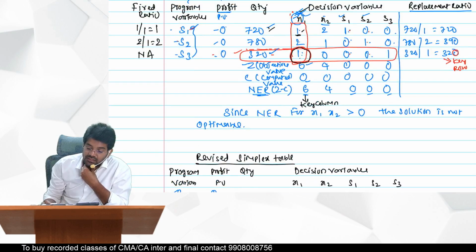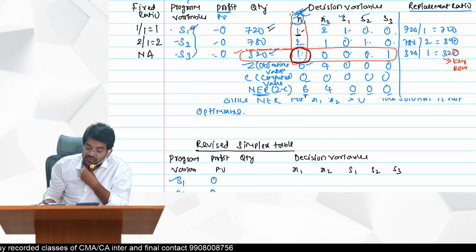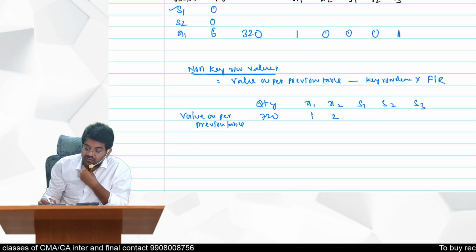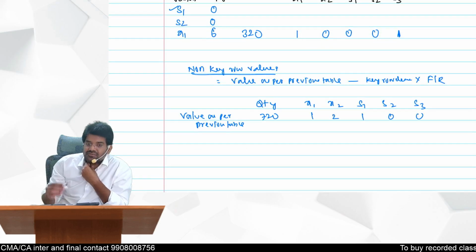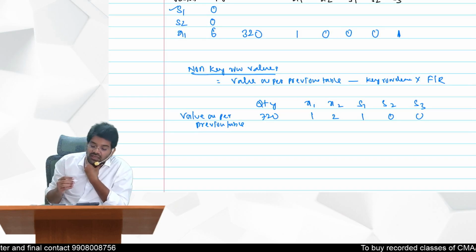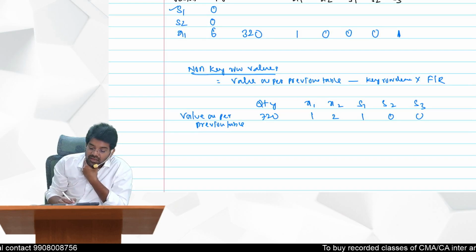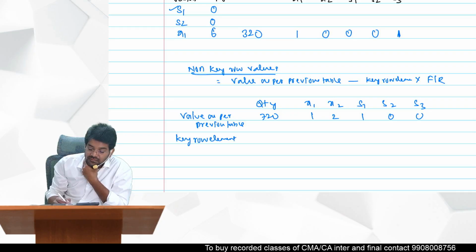X1, 12100. This is the value as per previous table. Now the key row element into fixed ratio of this row.